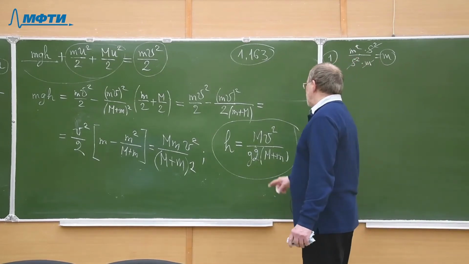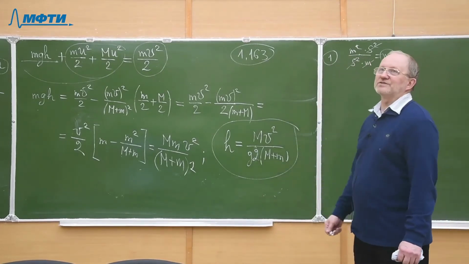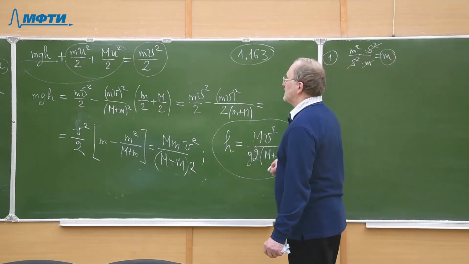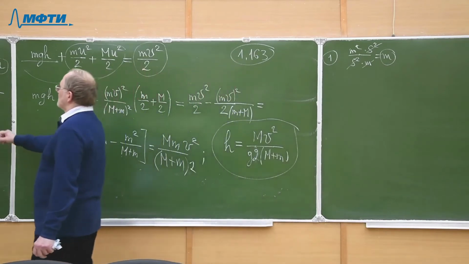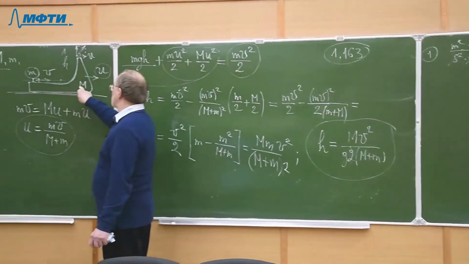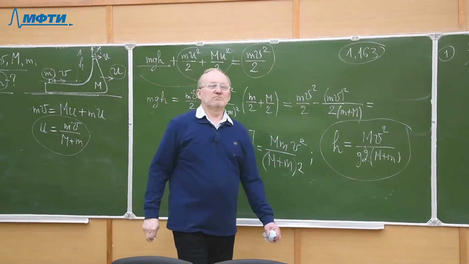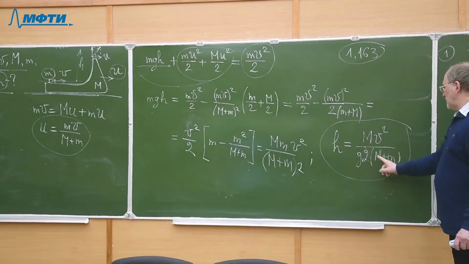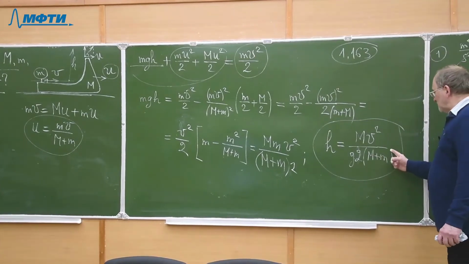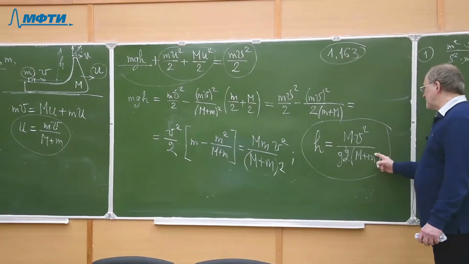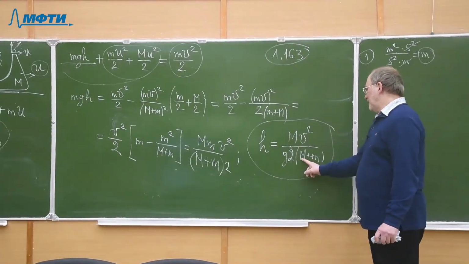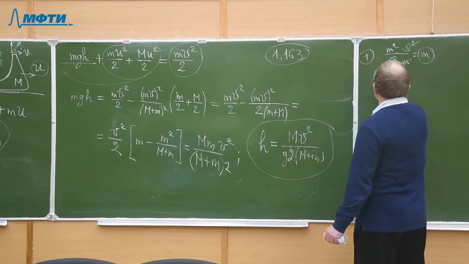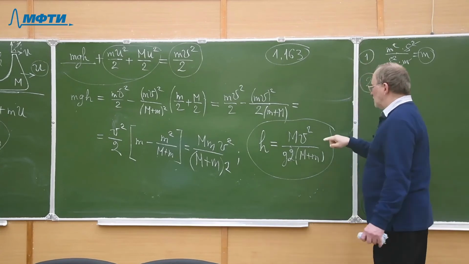What about the physical sense or physical meaning of this formula? Let's consider it in this way. Suppose that the large body is taken larger and larger so that the capital M goes to infinity. Capital M is much larger than the small m. Then small m can be neglected here in comparison with capital M. And then the two capital M's will cancel. That is the second way to test the answer.